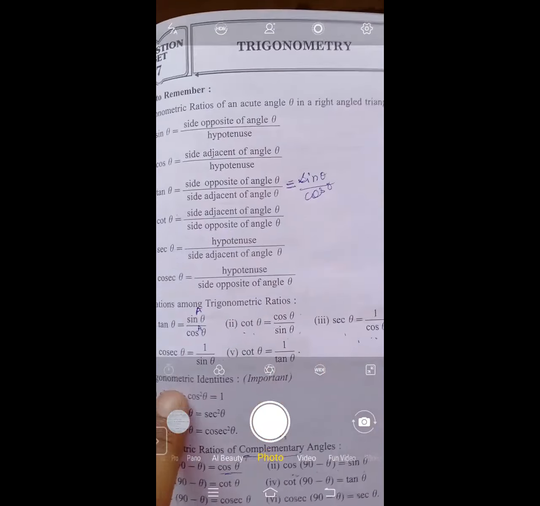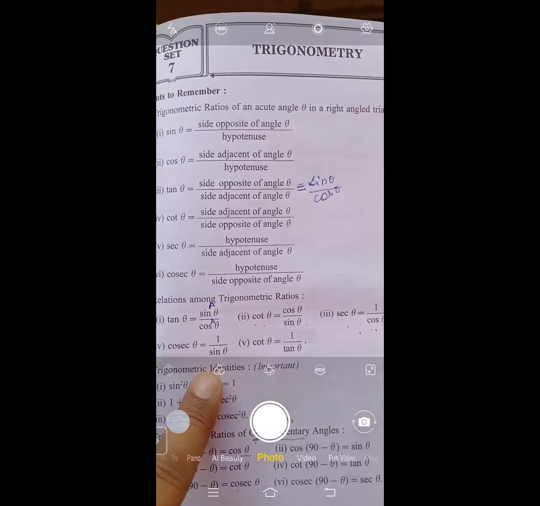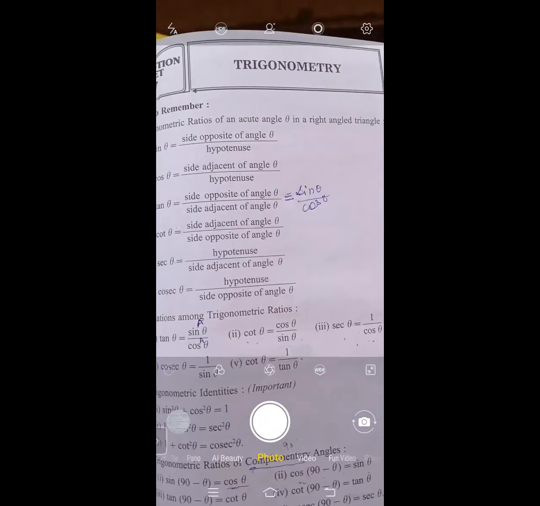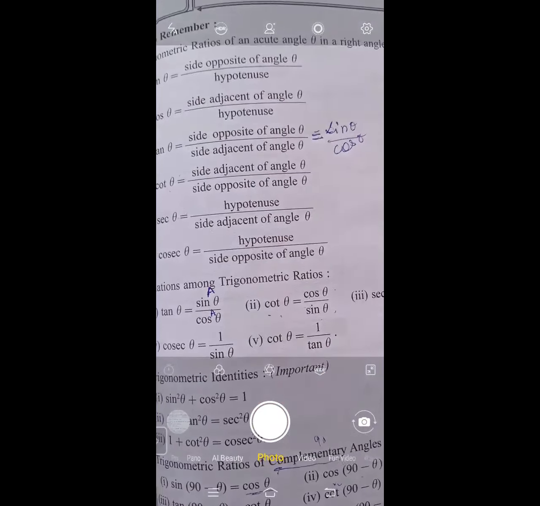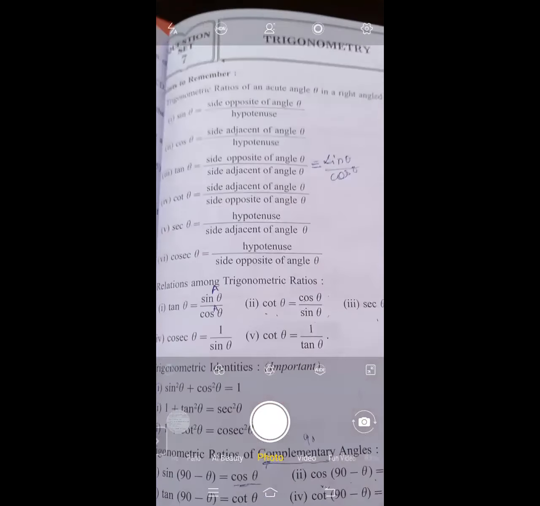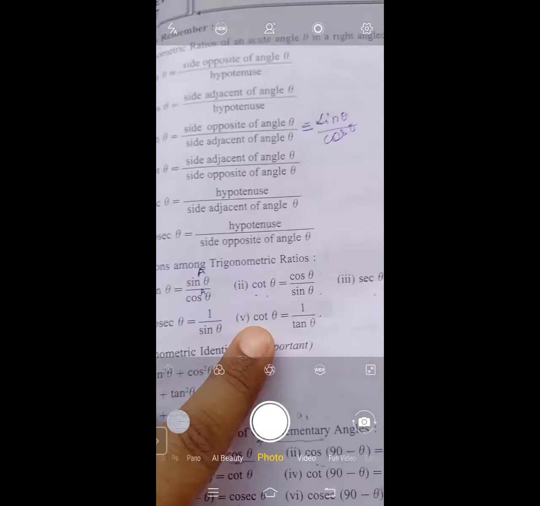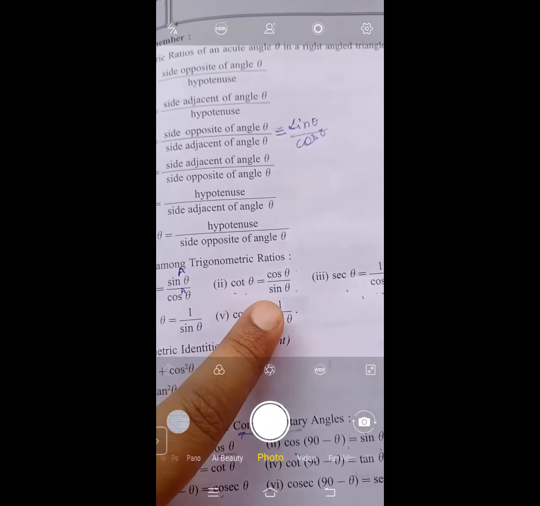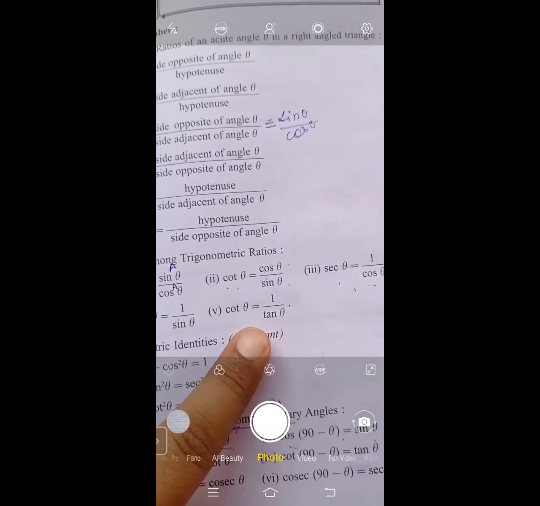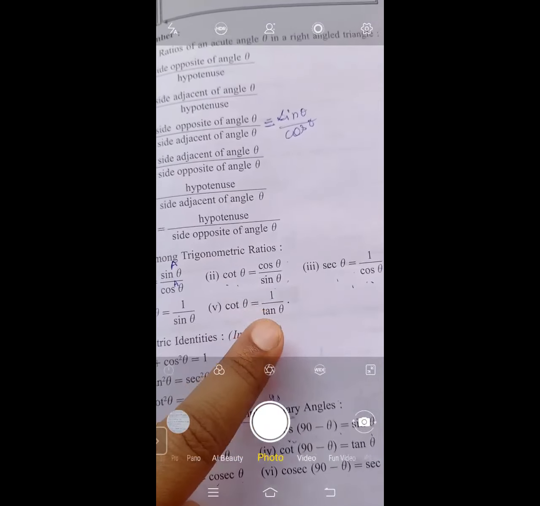For cosec theta, 1 upon sin theta, so the reciprocal of sin is cosec. Cot theta is 1 upon tan theta. So you can write cot theta in two different ways. In terms of sin and cos, you will write cos theta upon sin theta, and in terms of tan theta, you will write cot theta equal to 1 upon tan theta.